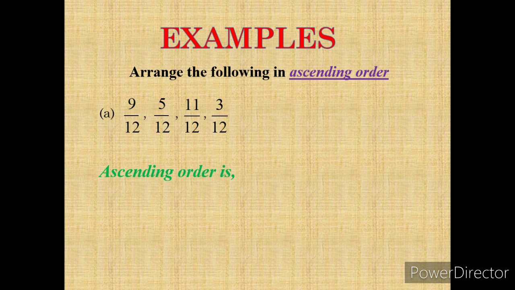So here the smallest numerator is 3 upon 12. Next is 5 upon 12. After that 9 upon 12, and the greatest fraction here is 11 upon 12. So this is your ascending order. I am again repeating, greater the numerator, greater is the fraction.